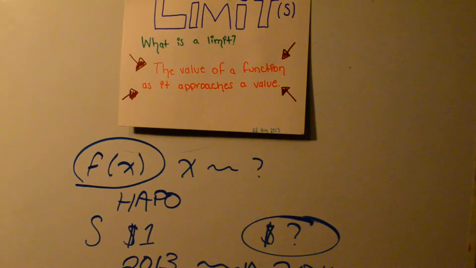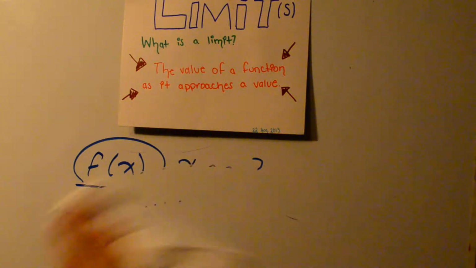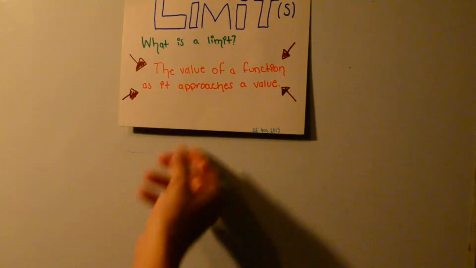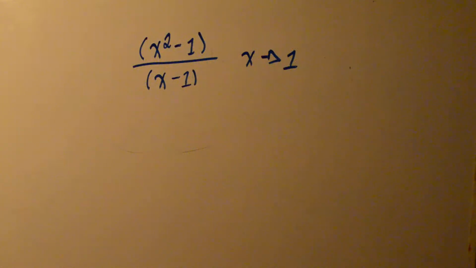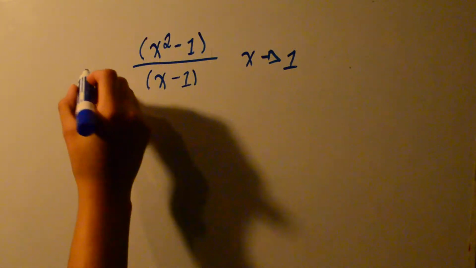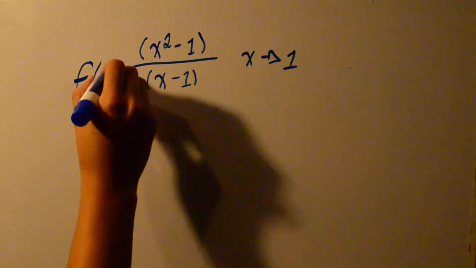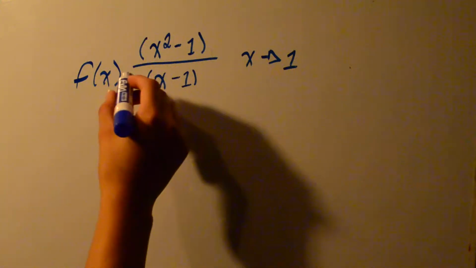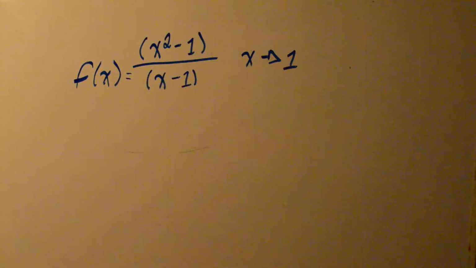Now, let's try finding the limit of this function. You have x squared minus 1 over x minus 1, and they want you to try to find the limit as x approaches 1.